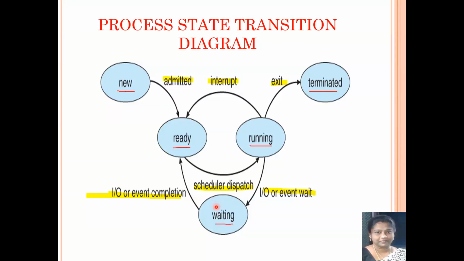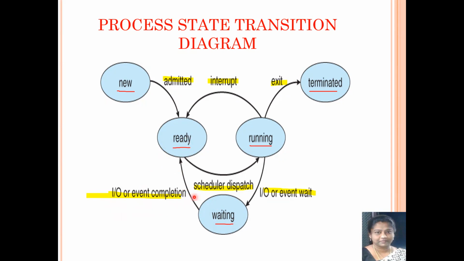Once that event is completed, the process will get back into the ready queue, so that from the ready queue it will go back to the running state and continue its execution on the processor. The movement from waiting to ready is called IO or event completion.